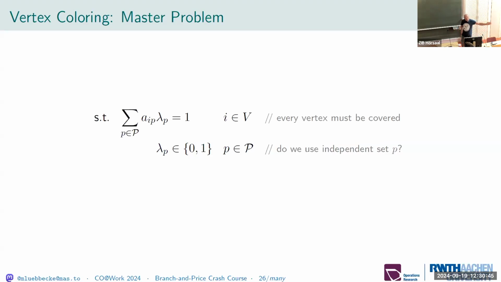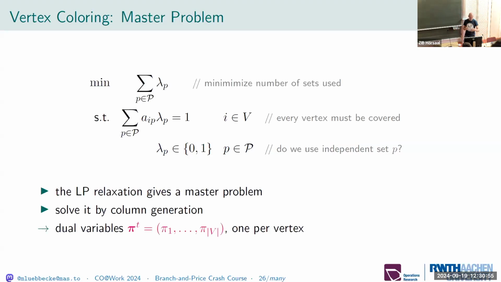So I'm summing over all the stable sets that contain a certain vertex, and exactly one out of these must be taken. And I'm minimizing the number of stable sets, so I'm minimizing the number of colors. This is a very small, nice model. It has many variables because there are many stable sets in the graph, but this is a very nice model.